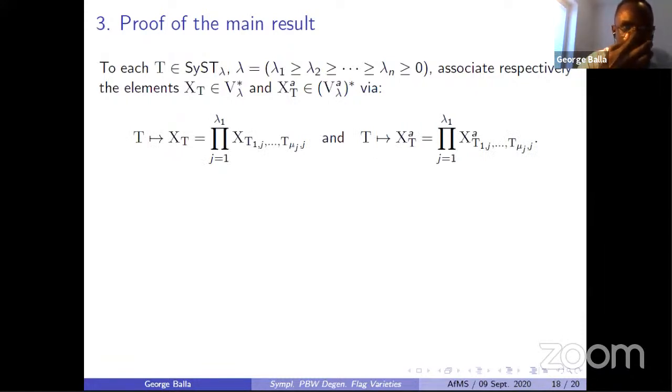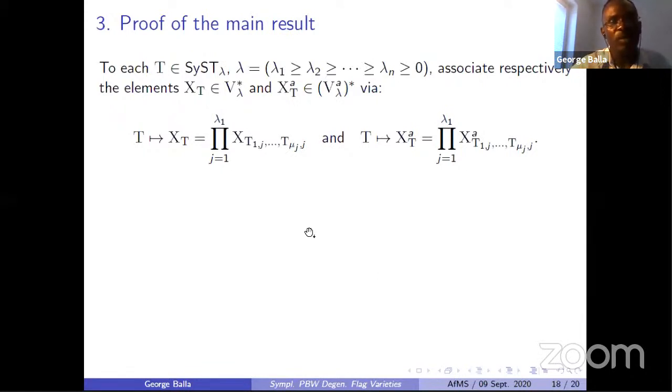So to every tableau, we can associate a monomial: for every column in a tableau, we associate a variable indexed by the elements in the column, and we take the product of all of these variables corresponding to all the columns.